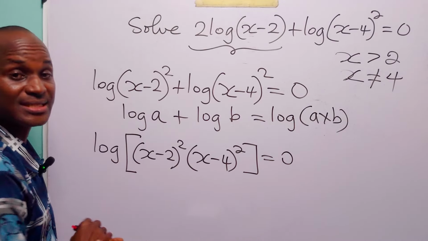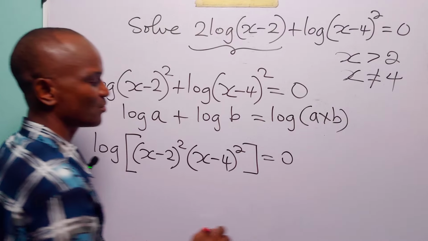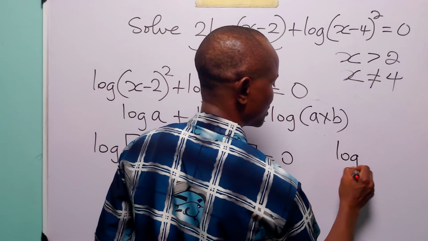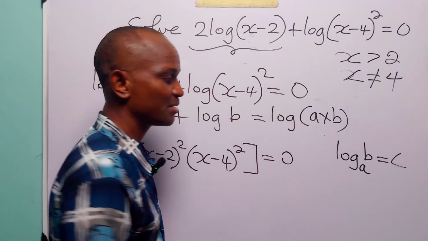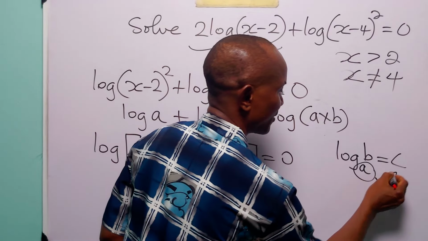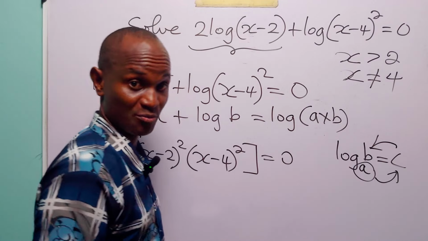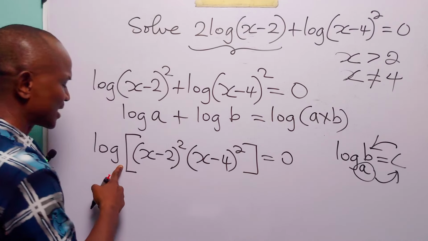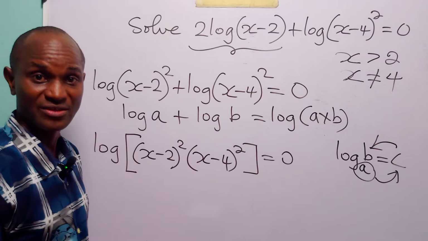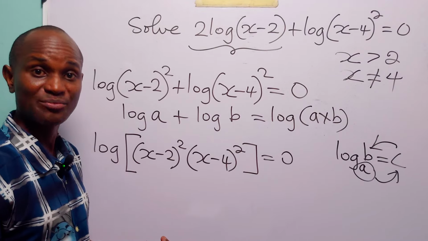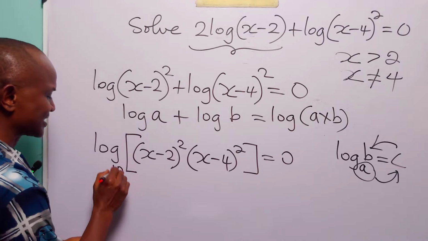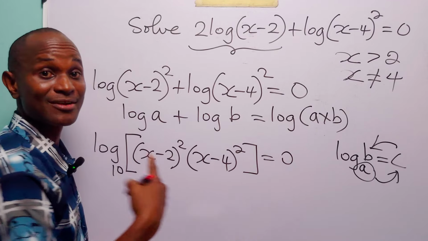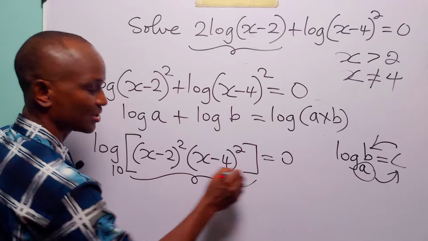Now, when you look at this equation, remember that when we have log to base a of b equal to c, this simply means that a to the power c is equal to b. And when we write log without specifying the base, it means we are working in base 10, common logarithms. So this simply means that 10 to the power 0 is equal to this.